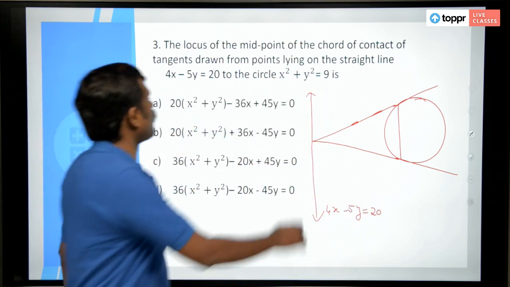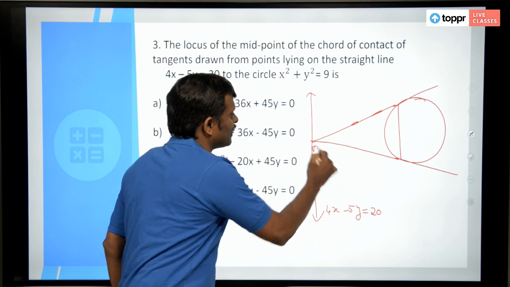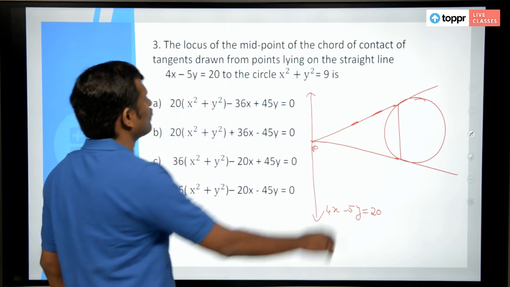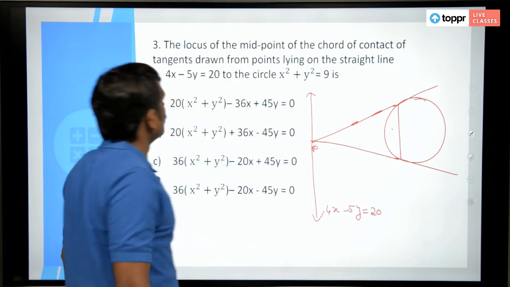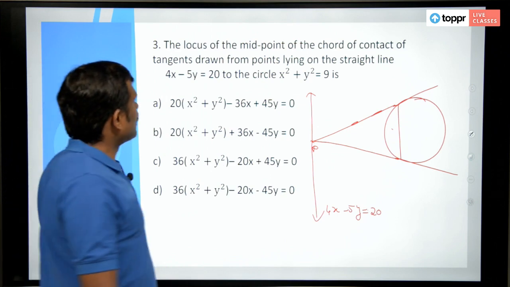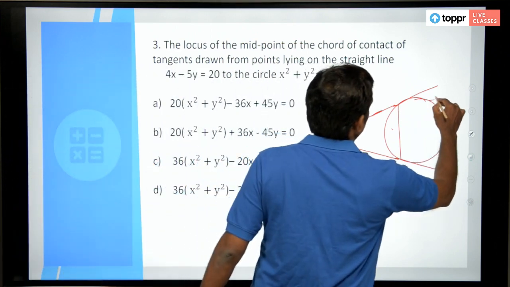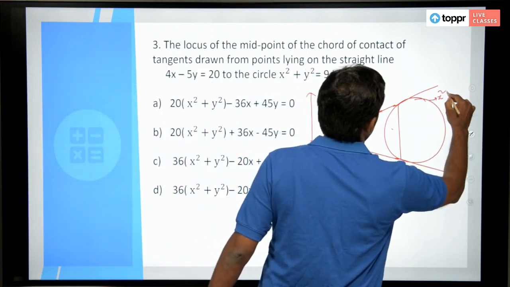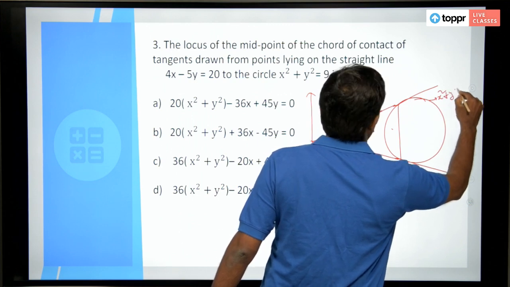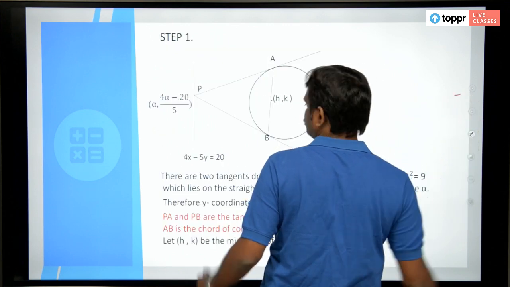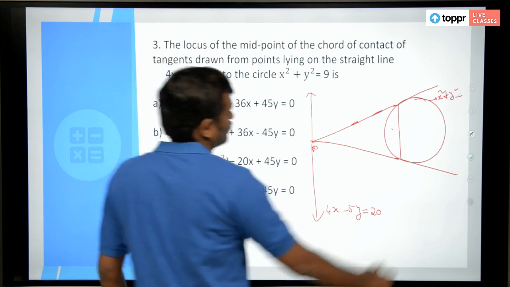Okay. So this point P is somewhere on this line, and this is the chord of contact we say, and the equation of the circle is given as x square plus y square is equal to 9.